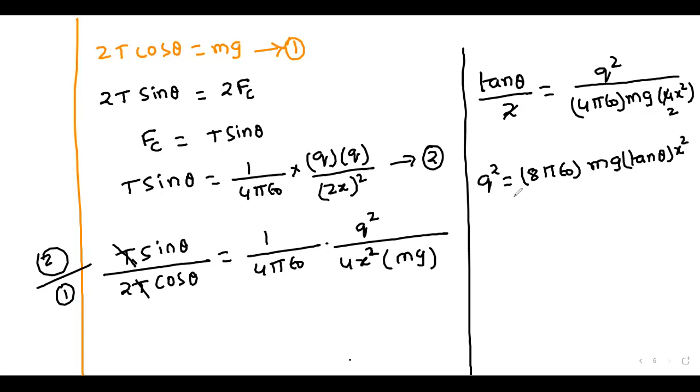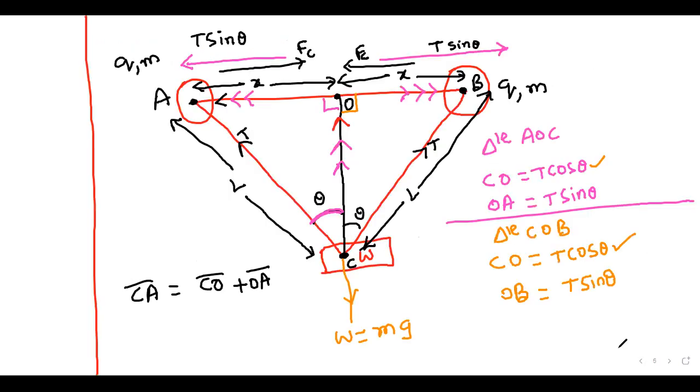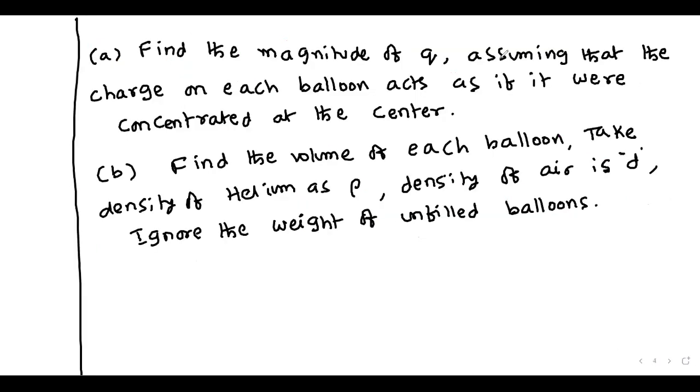So q is equal to x times the square root of 8 pi epsilon naught times mg tan theta. That is our first part, the magnitude of the charge.